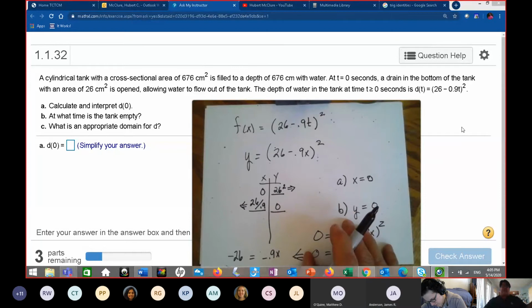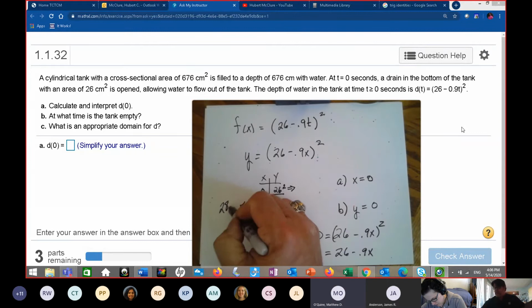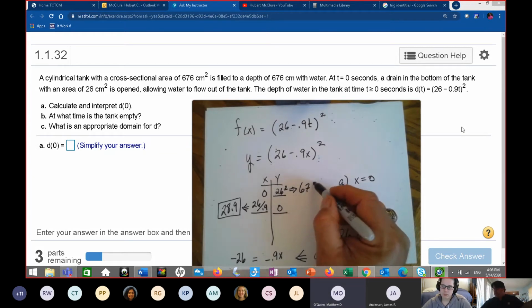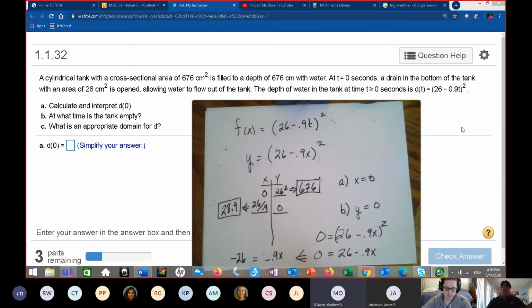Somebody give me the actual, just round it to a tenth. 28.8. 0.9. And what is 26 squared? 676, from the word problem. Okay, that's basically what they're asking.